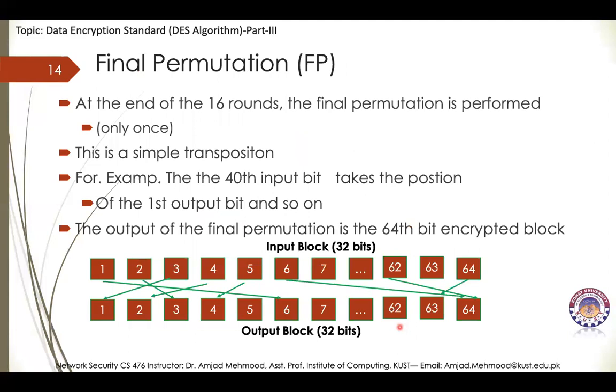So this was the final permutation. Once this is done, you will get the 64-bit ciphertext, and this will be passed to the receiver, and then the receiver will perform the reversal of DES to get the plain text back.